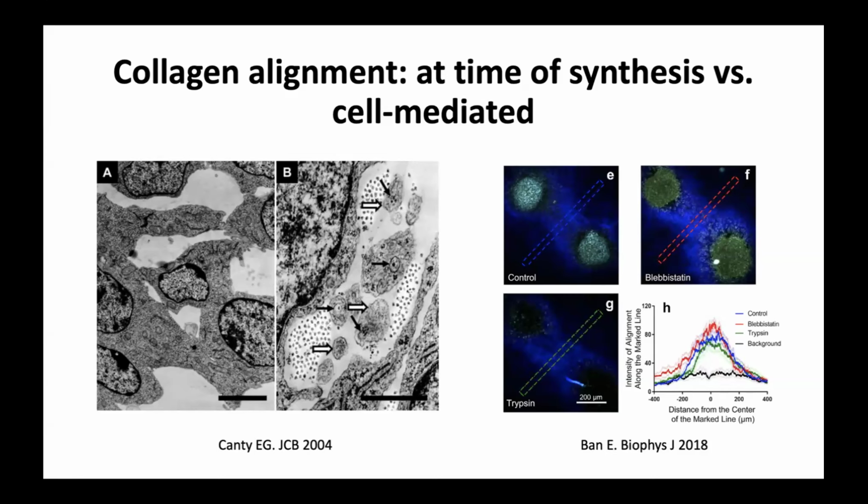The first is that in some tissues, collagen alignment occurs at the time of synthesis, and tendon is one of those tissues. These are some beautiful pictures from Karl Kadler's lab at the University of Manchester.